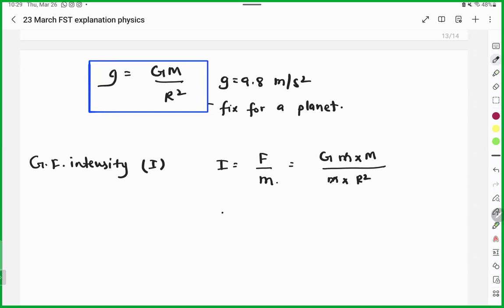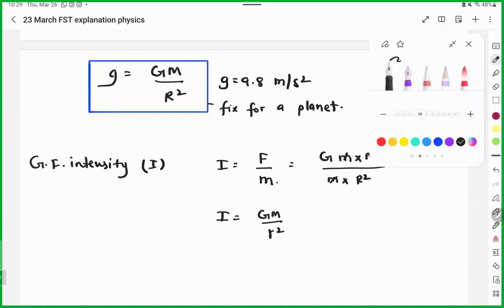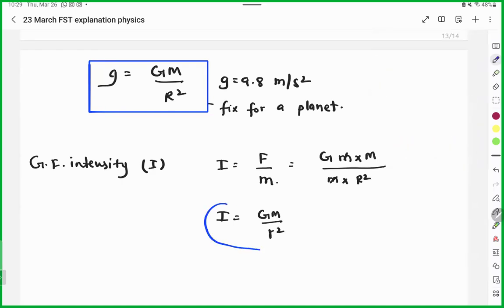This cancels, so gravitational field intensity will be the same. Only difference is gravitational field intensity is for any situation, and here g, gravity value, we calculate for a given planet. But both values are exactly the same. Whether you take gravitational field intensity or normal gravity value, it is the same.